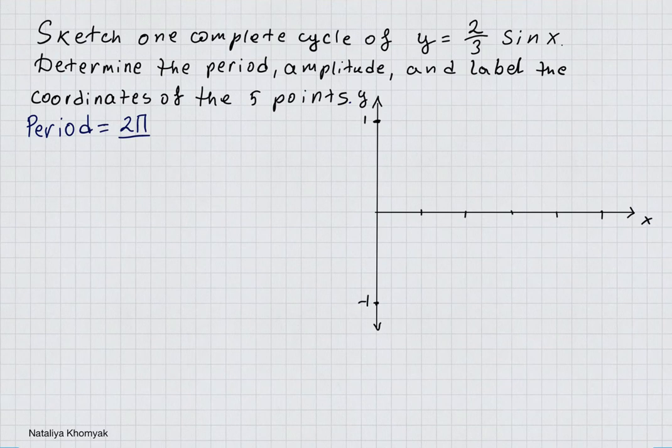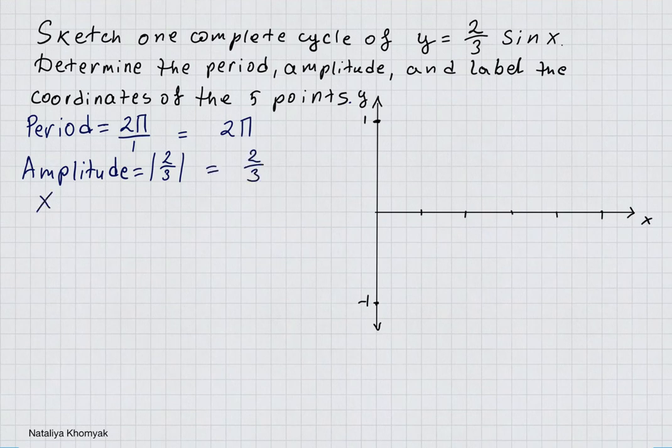In this case, we only have one x, so that's 2 pi divided by 1, which gives us 2 pi back. Amplitude is the distance from the center line to the highest point, and it's the absolute value of the coefficient of the sine function. So the absolute value of 2 over 3 is 2 over 3.